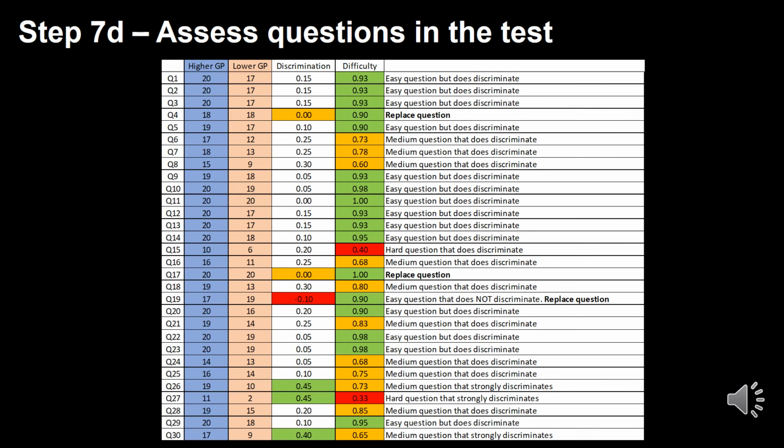So overall, what have we learned from making our test? Well, probably we've realised that it's not as easy as we thought to make these tests that have suitable difficulty and also discrimination. So we've realised that there are probably 3 questions in here that we won't use again.